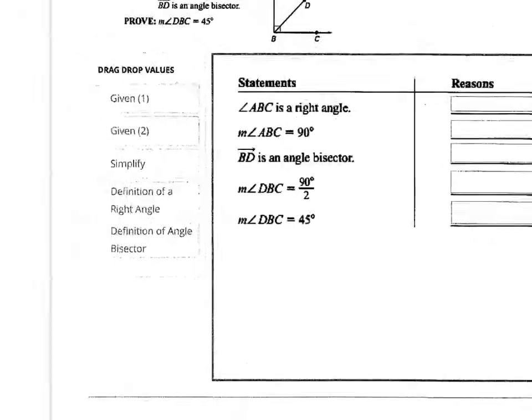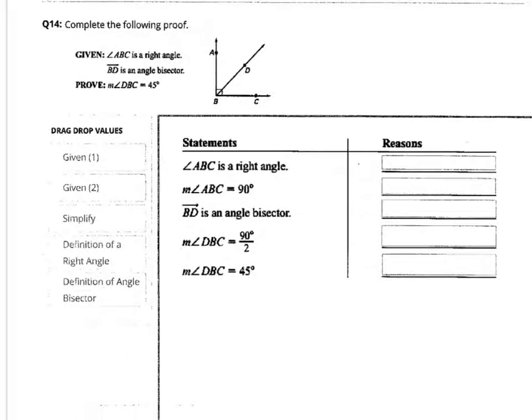So, again, you got two givens, simplify, definition of right angle, and angle bisector. So your first step, angle ABC is a right angle. Second step, the measure of ABC is 90 degrees. So which of these over here would talk about ABC being 90 degrees?